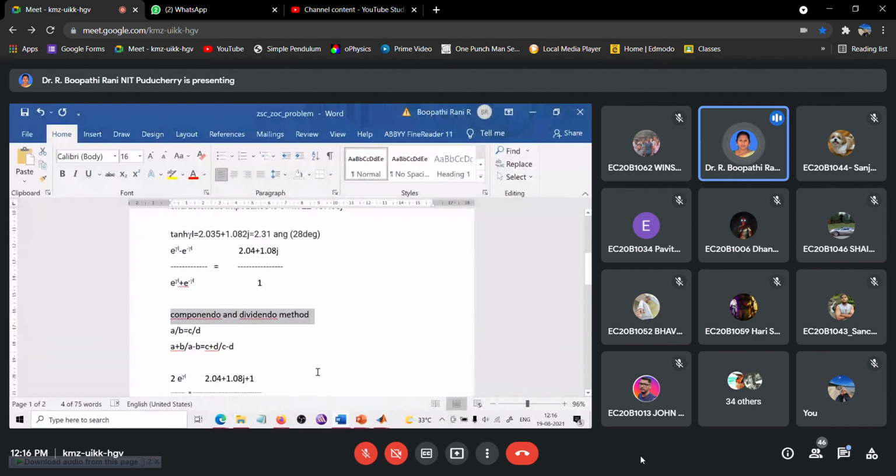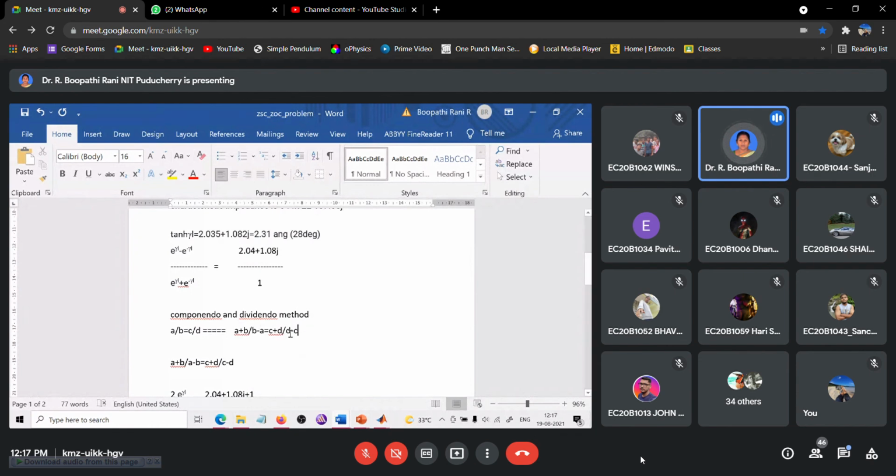So if the ratios are like A by B equal to C by D, then A plus B divided by A minus B equals C plus D divided by C minus D. Or even if we write A plus B by B minus A equals C plus D divided by D minus C, because the minus sign we take out from both sides will cancel.